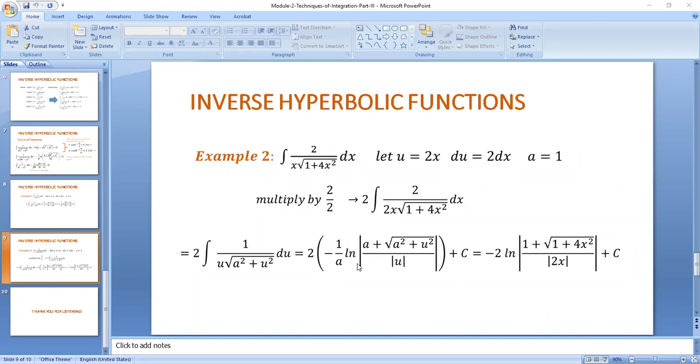That way you can use the right formula, because once you already know the form, the formula will just follow, because you need to only get the a, the u, and get the du, and that's it. You just simply plug in the a's and the u's in your formula. However, if the formula is wrong already, then everything, of course, will be affected. Okay? So this ends the inverse hyperbolic functions.